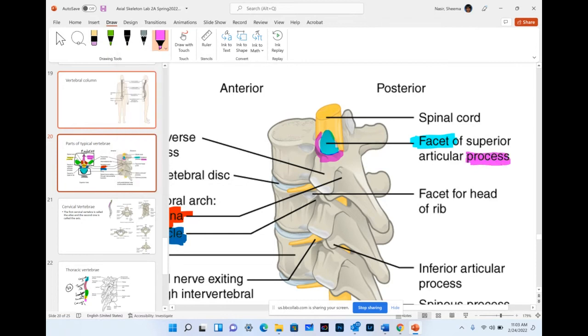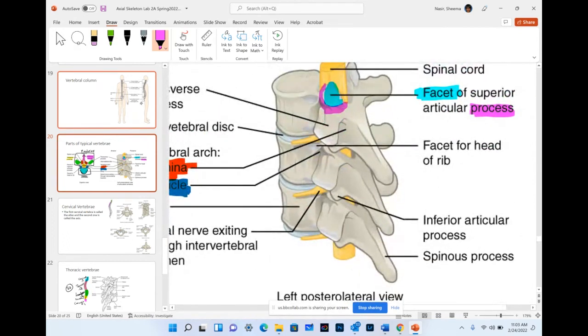Do you understand? So one is the facet, the other one is the process. Think of it like a pencil and eraser. Pencil is the process, eraser is the facet. If it is present superiorly, it is your superior articular process and superior articular facet. Now, if it is present inferiorly, then it's the same concept.